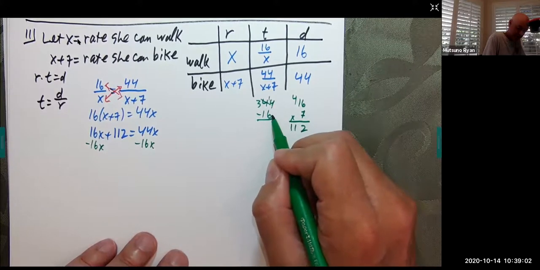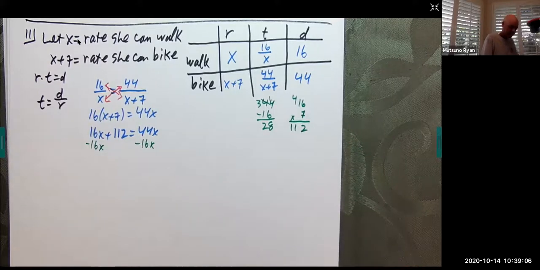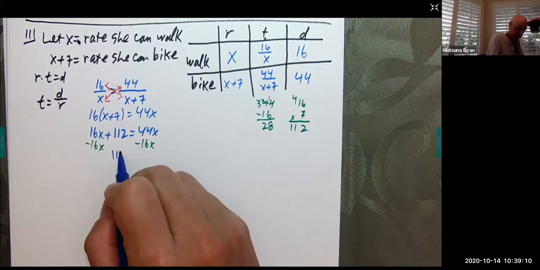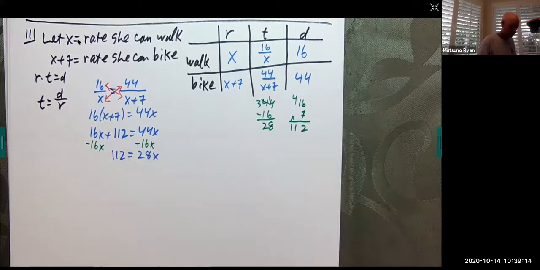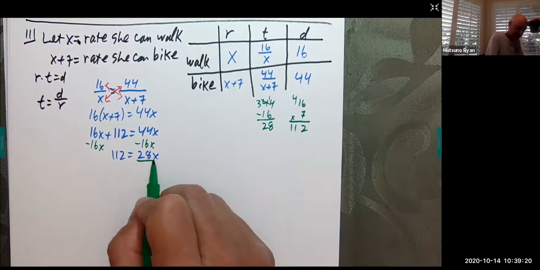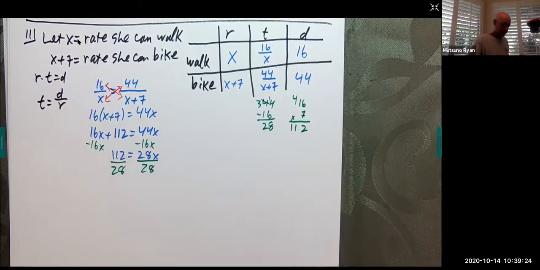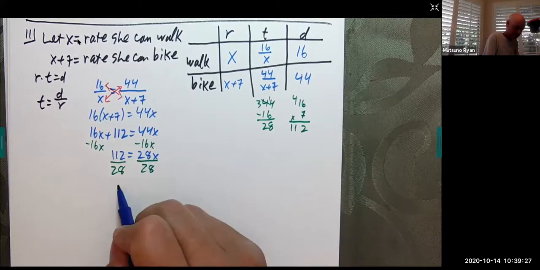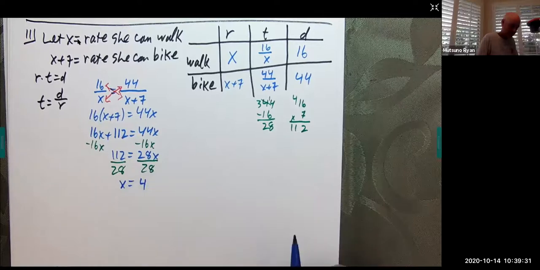That is 4 plus 4 is 8. I'm going to divide by 28. And x is going to be 4. And that is 4.